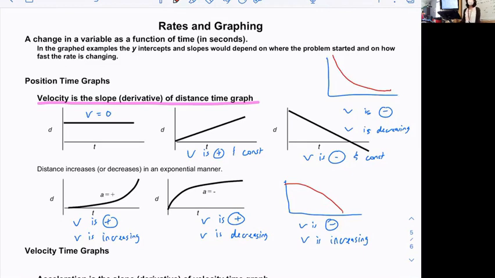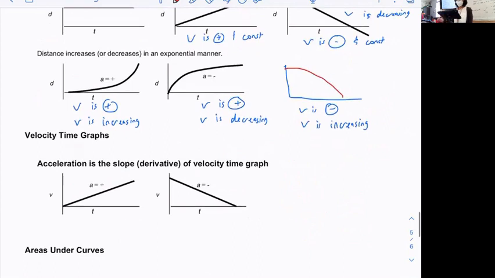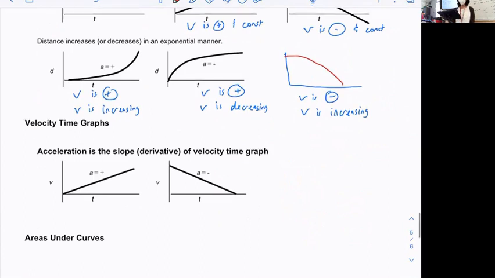Anytime you have a curve on a position time graph, that indicates I have acceleration. And for velocity time graphs, acceleration is the slope of a velocity time graph. It's pretty straightforward. You don't often see velocity time graphs that are curved, because usually in kinematics we're looking at situations with constant acceleration.